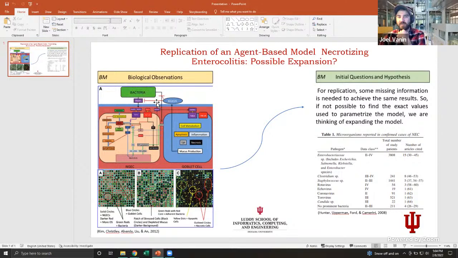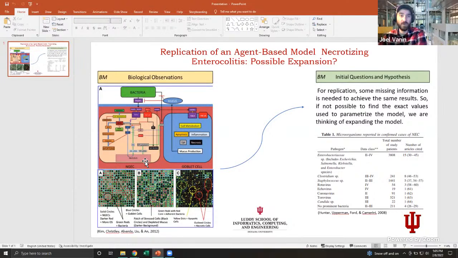How much PAMPs is it actually generating? And what is the range of interaction here? How much of the PAMPs actually interact with the toll-like receptor? And other things, like is there any kind of communication between these two cells for the generation of mucus?